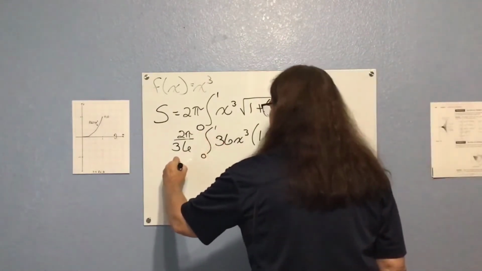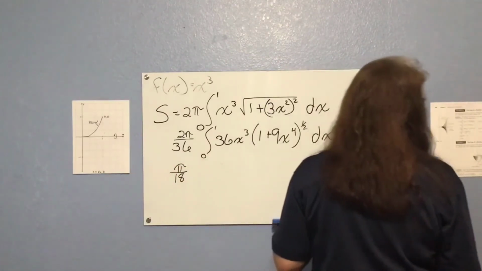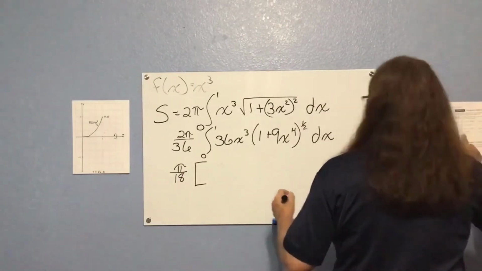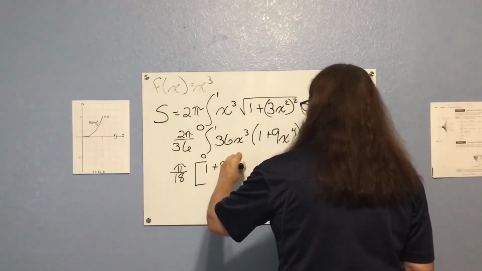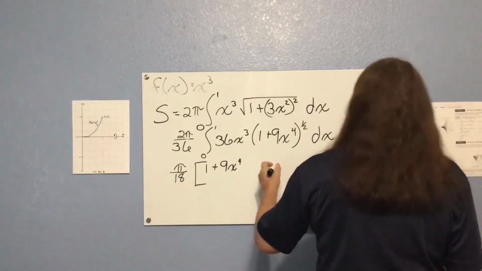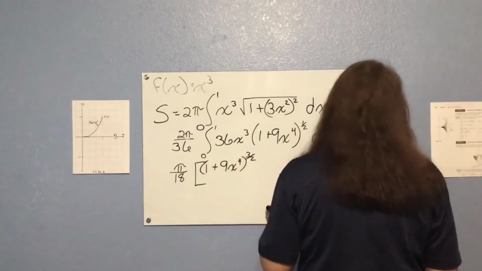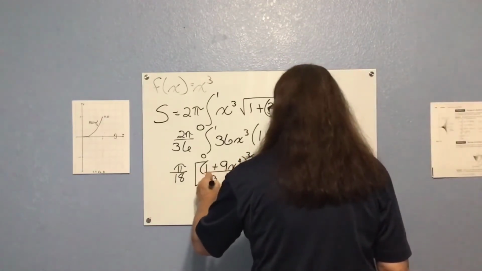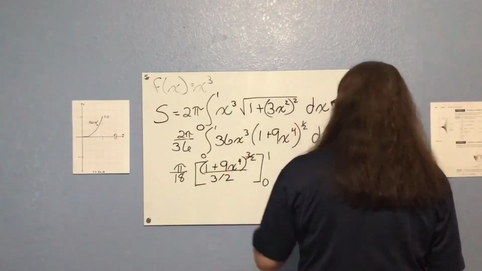Okay, reduce this to pi over 18. And now when I integrate, I get 1 plus 9x to the 4th, and all of that to the 3/2 power, divided by 3/2, evaluated from 0 to 1.